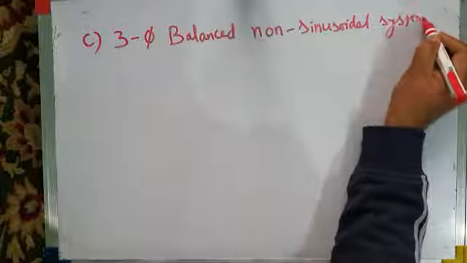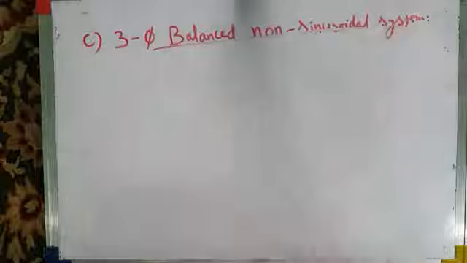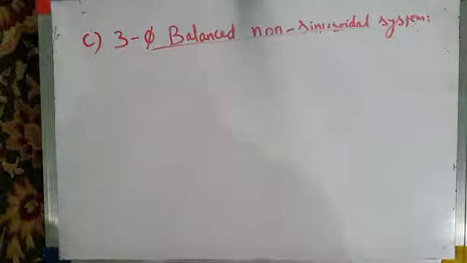Now let us assume that the applied three-phase voltage is distorted and the load current or the system current is also distorted. Whenever there is distortion in voltage, that leads to distortion in current. Another cause of current distortion may be that you are using a non-linear load.